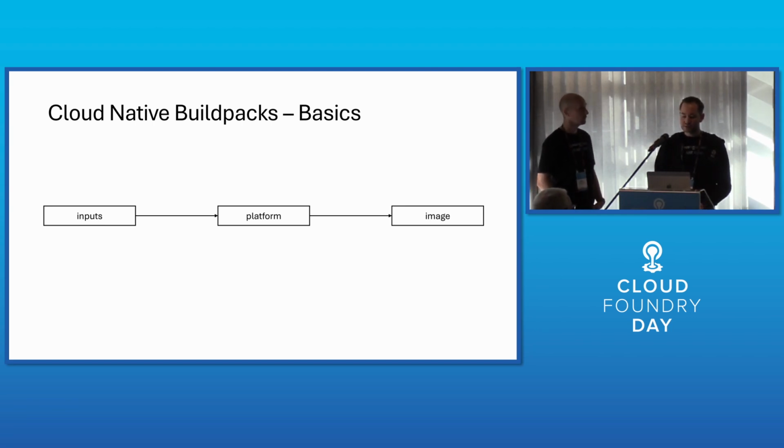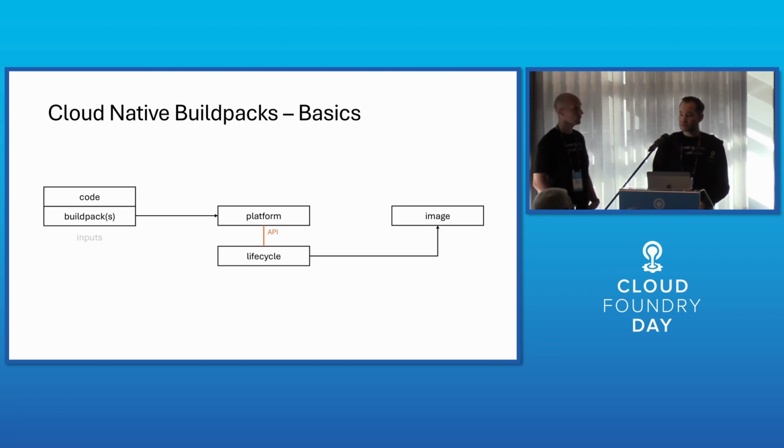The most important ones are the detection, where each buildpack is asked whether it can contribute something to the final image. For example, if you present the lifecycle a Node.js application, the Java buildpack would probably say, nah, I can't do anything here, and wouldn't detect.